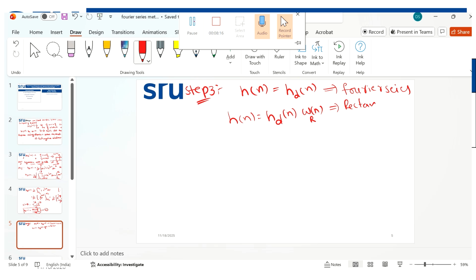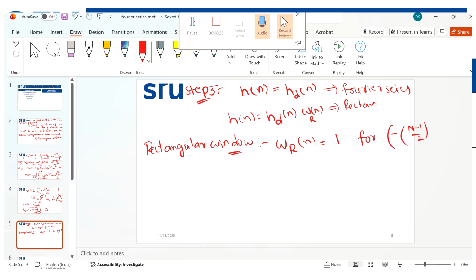If it is a rectangular window technique, then this window w R of n is equal to 1 for n between minus of n minus 1 by 2 to n minus 1 by 2, and 0 otherwise.